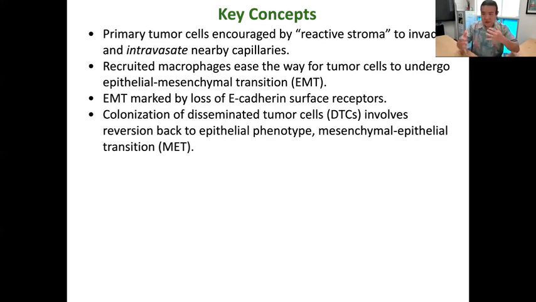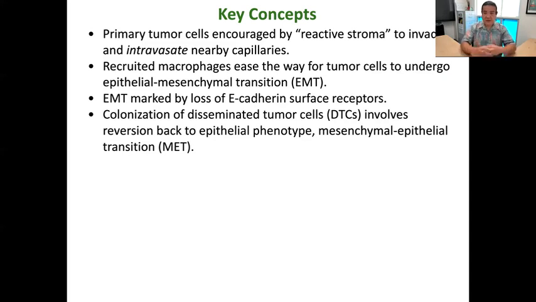So if you lose E-cadherin expression and instead mistakenly start upregulating other kinds of cadherins, that encourages more mesenchymal cell interactions, which would encourage the epithelial cell to be okay with leaving the original tumor site and making its way through the surrounding reactive stroma.